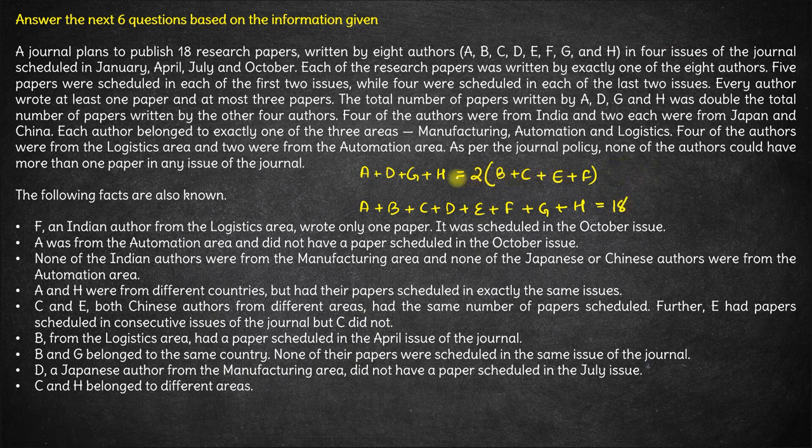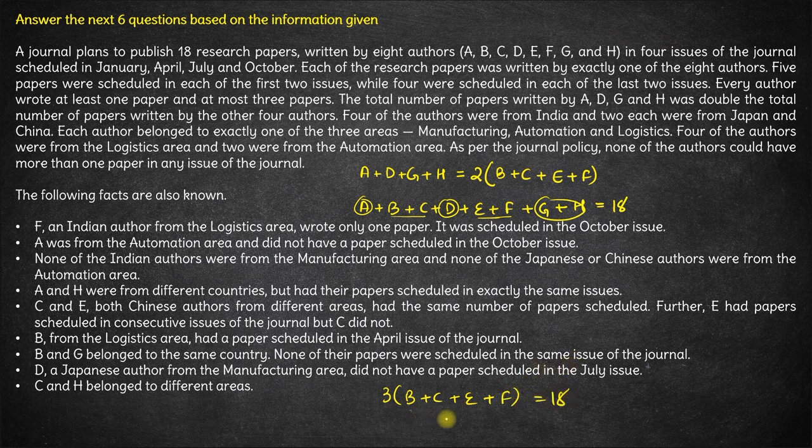So now what we can do is, instead of A, D, G and H, we can substitute twice of B, C, E, F. So we have B plus C plus E plus F remaining here, and instead of A, D, G, H we substitute twice of B plus C plus E plus F. So this whole thing becomes thrice of B plus C plus E plus F, which is equal to 18.